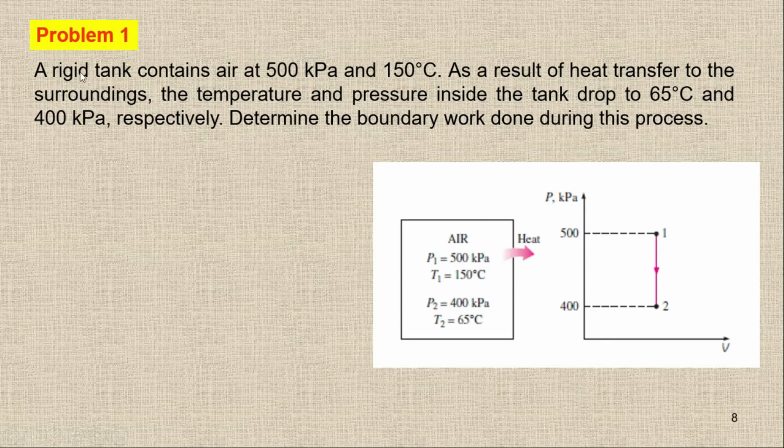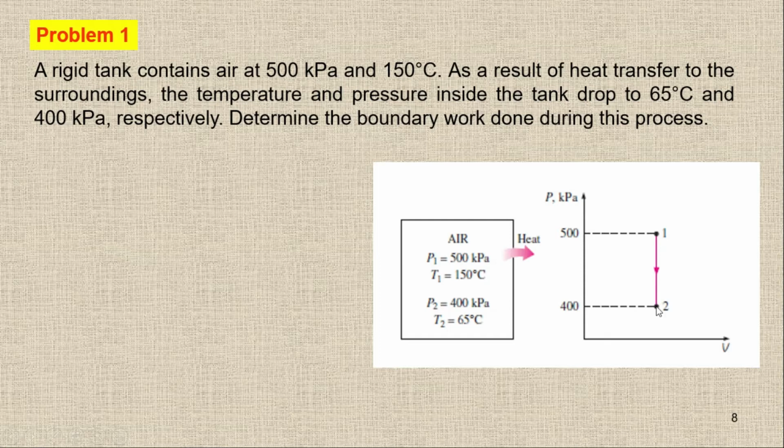Now the problem is, if you see the question, we have a rigid tank. Rigid means that there is no change in the volume. So it means the process is going to take place at constant volume. So 1 to 2, the process is basically at constant volume.